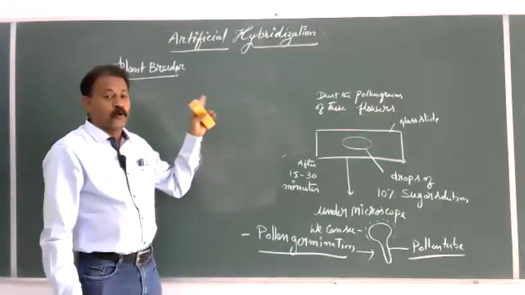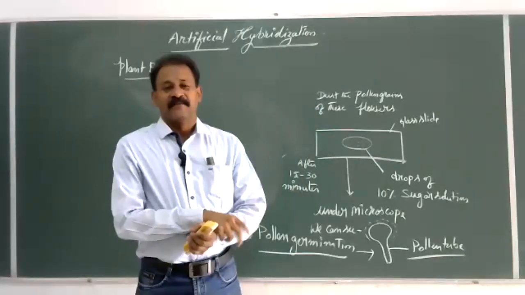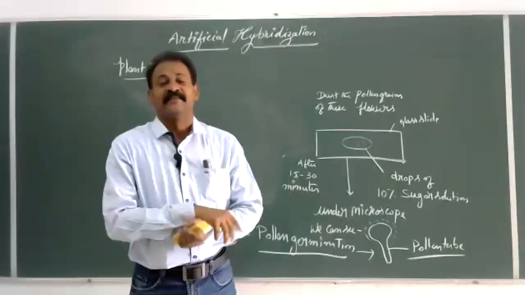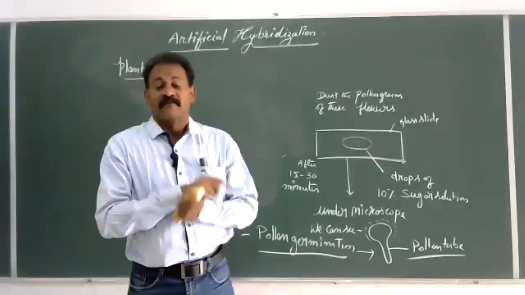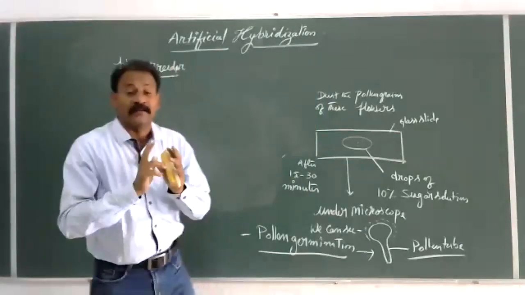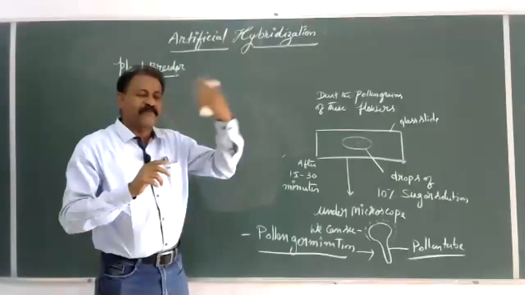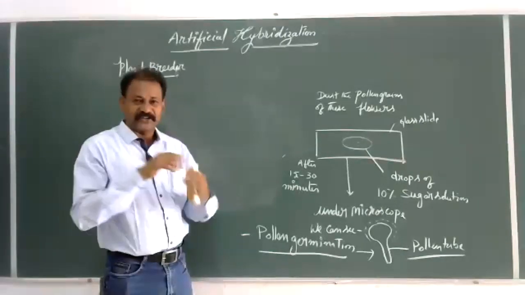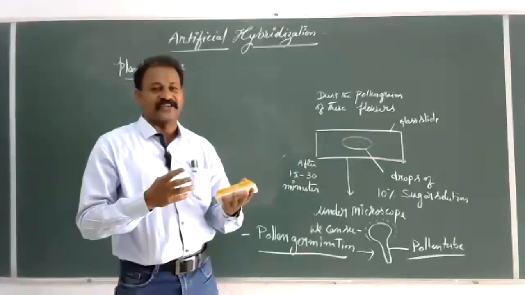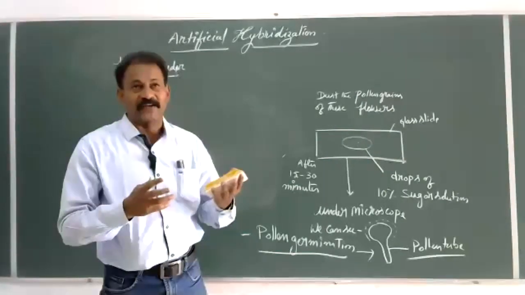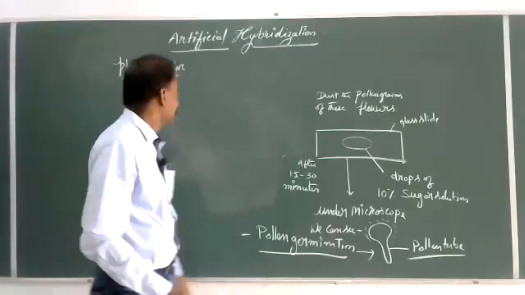A person who wants to cross different types of plants, belonging to different species, or often different genera. For what purpose? In order to bring commercially superior hybrid plants, commercially useful. Commercially means crop plants which are useful. He wants to improve commercial varieties of hybrids.